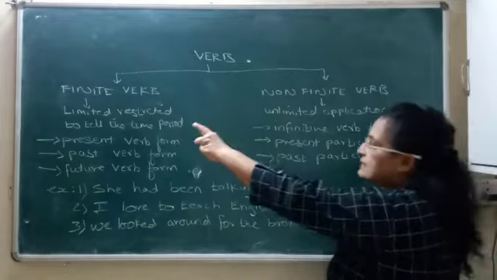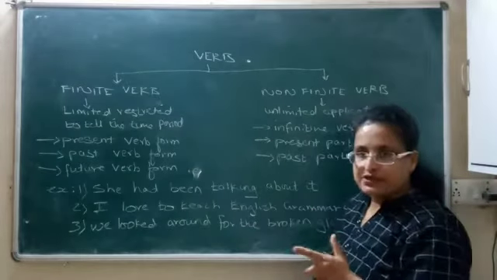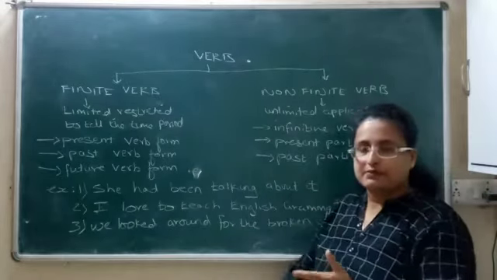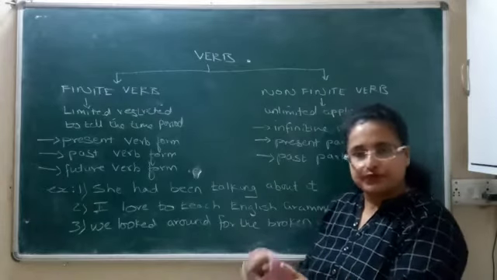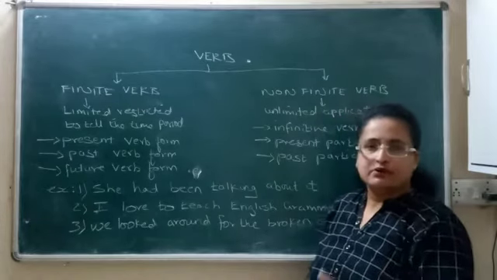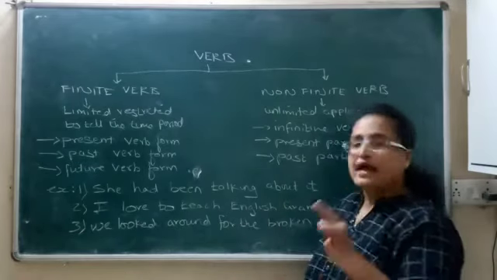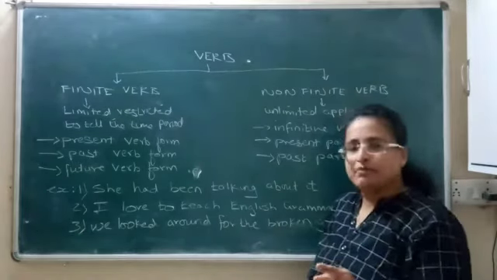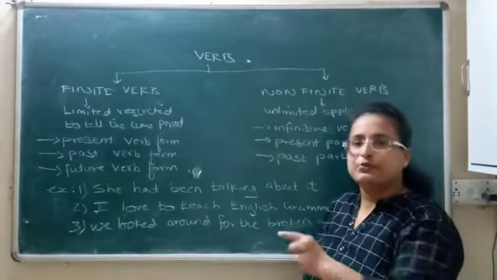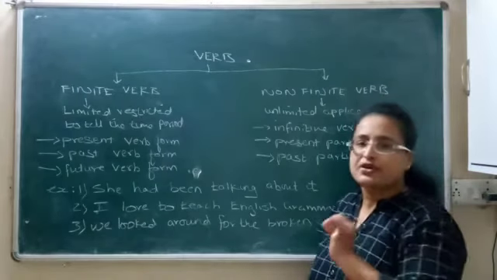Now, this finite verb, please understand the application of finite verb. As I told you, finite verb means limited range, limited use, and we use a finite verb only to tell about the tense or the time frame of the sentence. And finite verb is extremely important because without a finite verb you cannot make an English sentence.